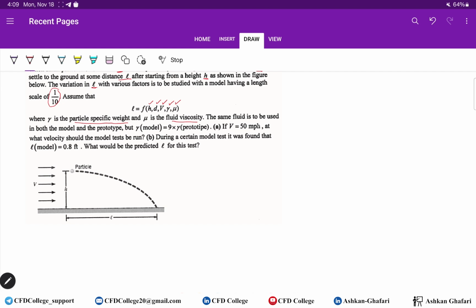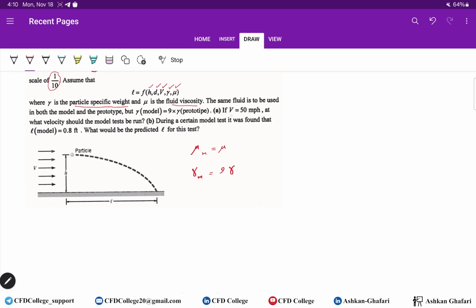The same fluid is to be used in both model and prototype. It means that mu m equals mu. Gamma of the model is 9 times gamma of the prototype. So gamma m equals 9 times gamma.